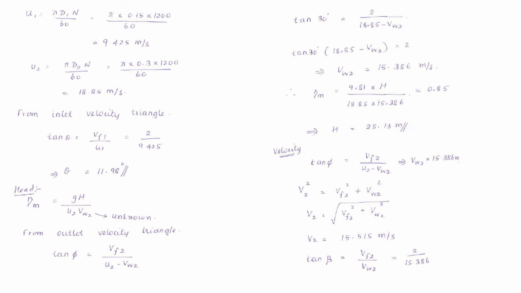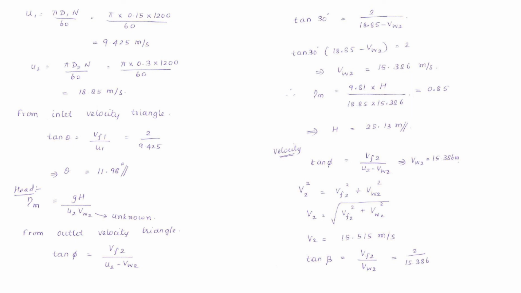How to find U1? We know the formula U1 is equal to pi D1 N divided by 60. So, substitute the value of D1 and N, you will get U1. Then substitute the value in tan theta and we can find out theta, that is the blade angle at the inlet.